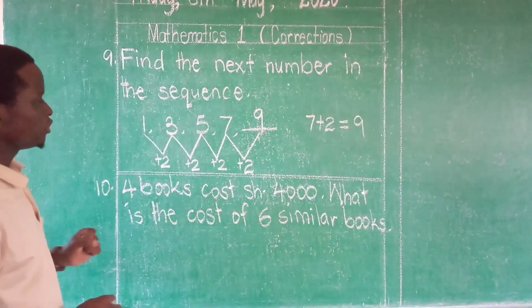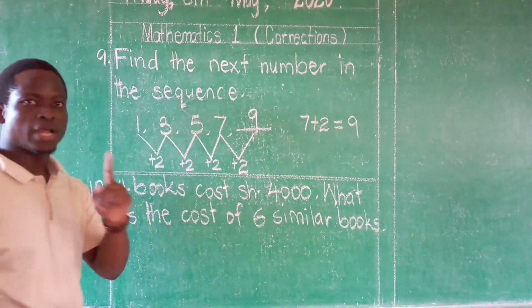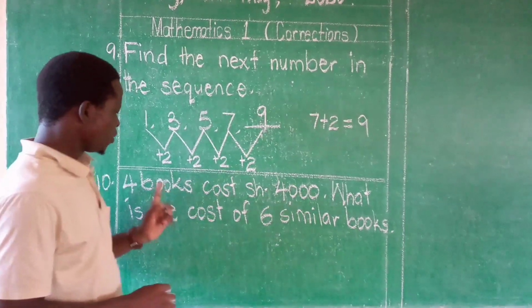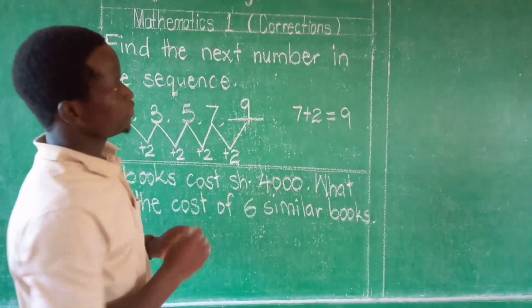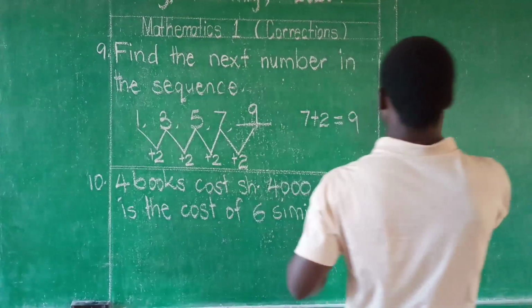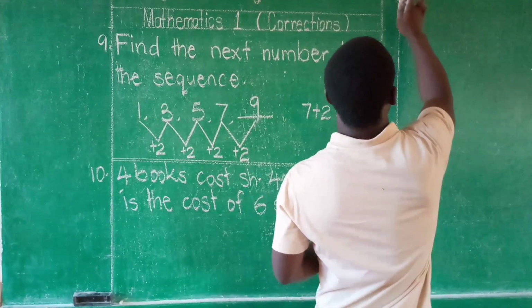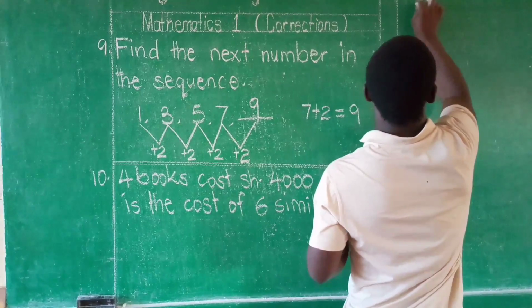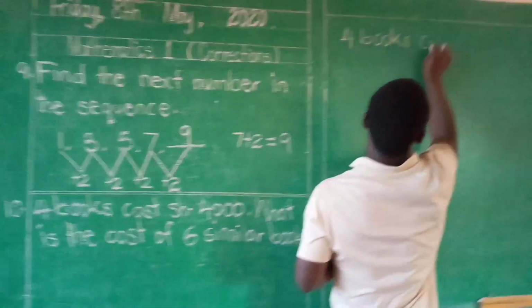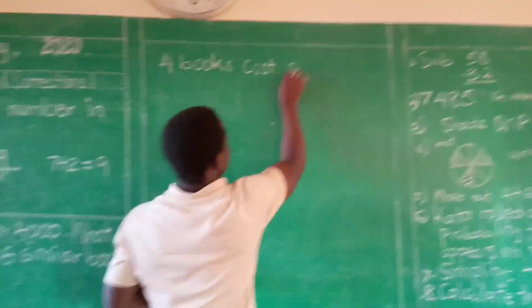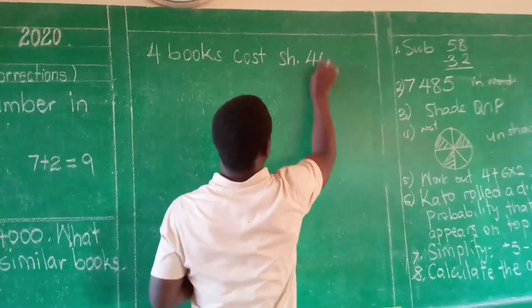And when I say unit cost, you understand that's the cost of one item. In this case, we first look for the cost of one book. Let me write right here, because of space, it won't be enough this time. The question stated that 4 books cost 4,000 shillings.